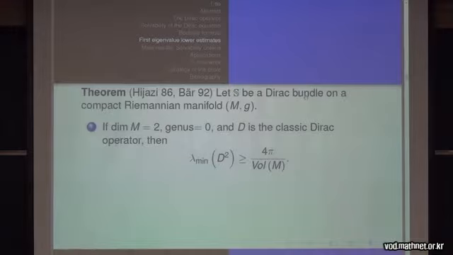It means that we can always solve the classic Dirac, and we have a control of the solution by this estimate.